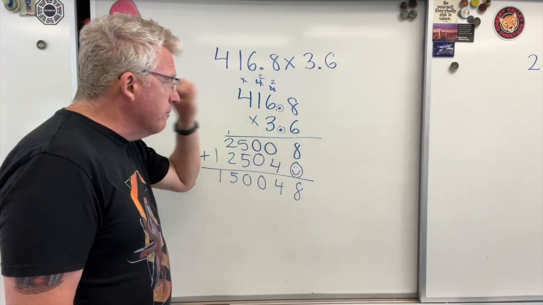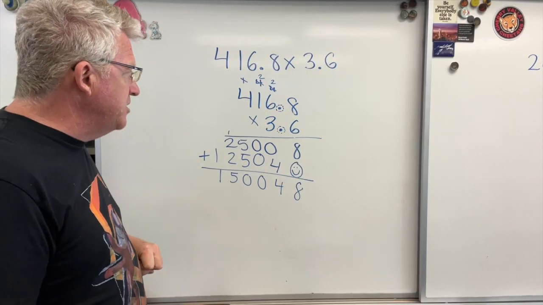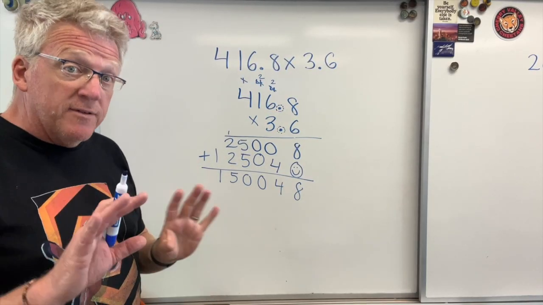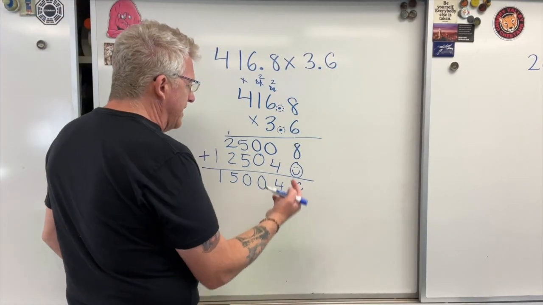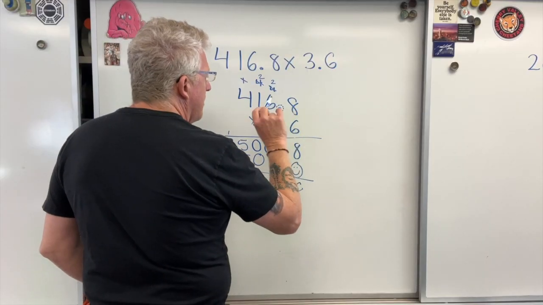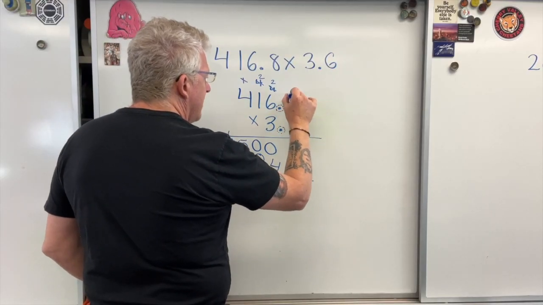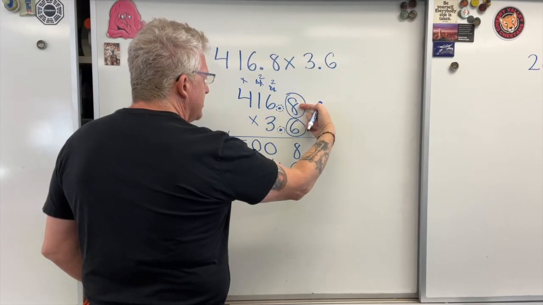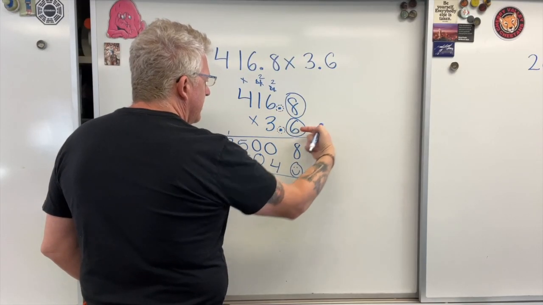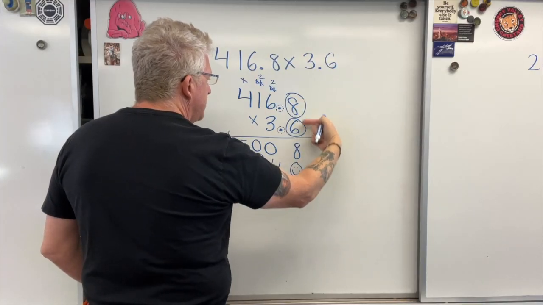Now I'm going to remove the invisibility from those two decimals, and they have now returned, and now we have to put them in their proper spot. So how do I find the location of where the decimal belongs? I count how many digits are to the right of my decimal points. There's a decimal point, there's 1 digit to the right. Here's another decimal point, and 1 more digit to the right. That's a total of 2.